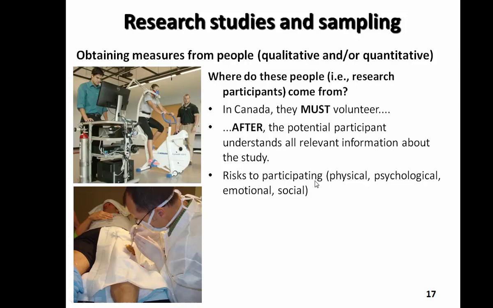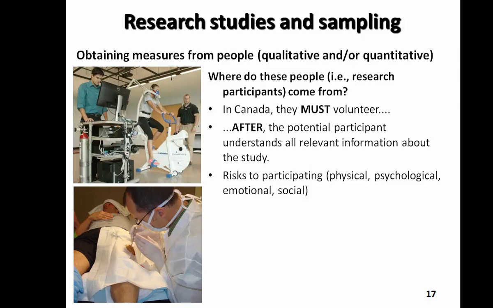These risks can be physical in nature. So in these two photographic examples, here we see a person riding a bike, and while they're riding the bike, they're having the air that they're breathing sampled simultaneously for oxygen and carbon dioxide. In the lower figure, we see a person is having muscle tissue removed for biochemical analysis as part of a research study.